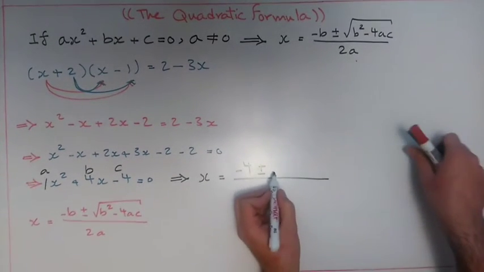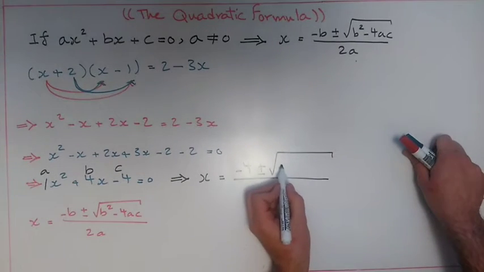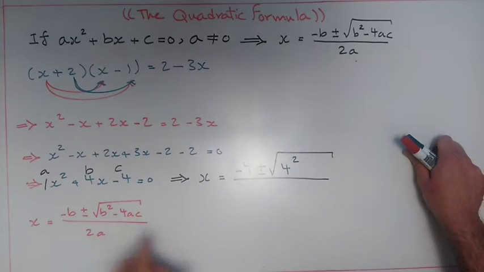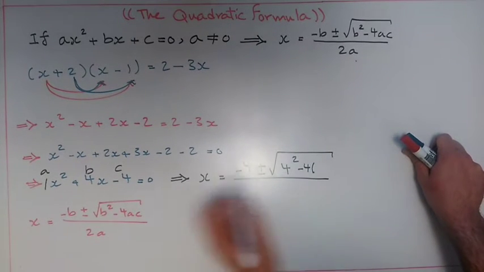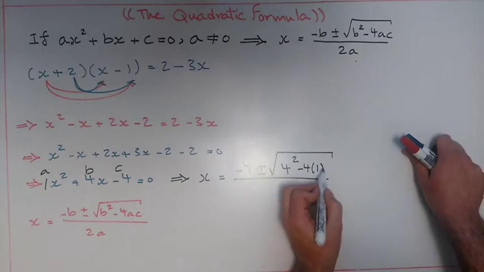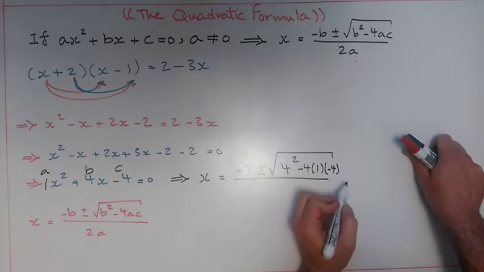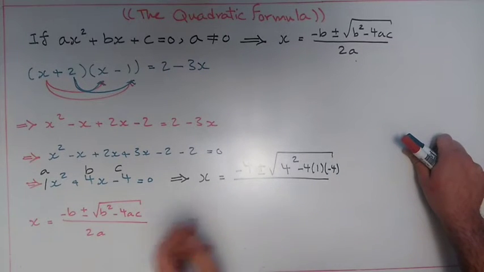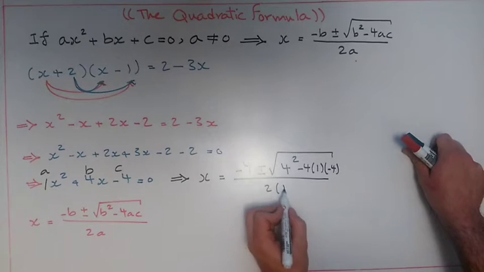Plus or minus square root of 4 squared, which is my b squared, minus 4 times my a, which is 1, times my c, which is negative 4, and divided by 2 times my a, which is 1.